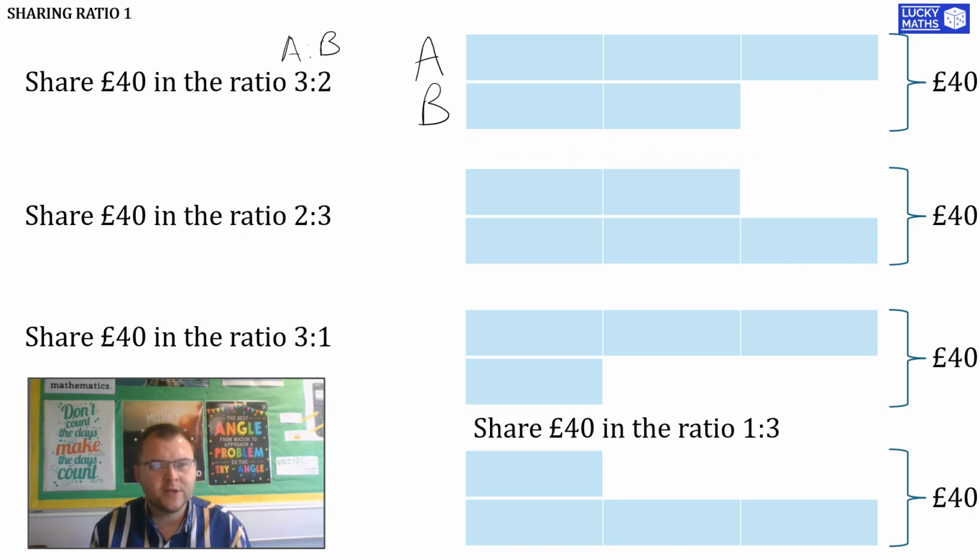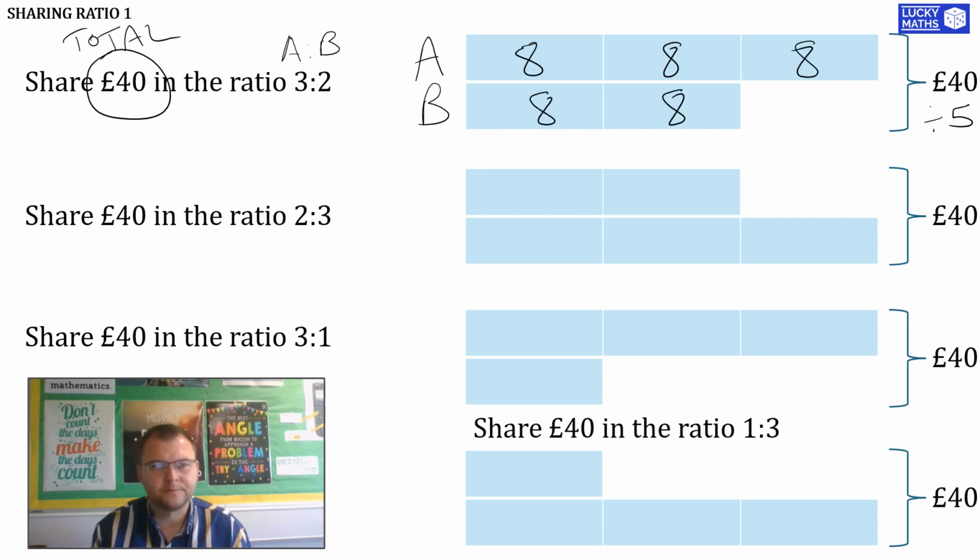But when we're sharing ratio, I've set out a bracket at the end and I put the total amount, because 40 is the total between both people, both shares. So we're splitting £40 between the 5 boxes here, which means each box will be worth 8.